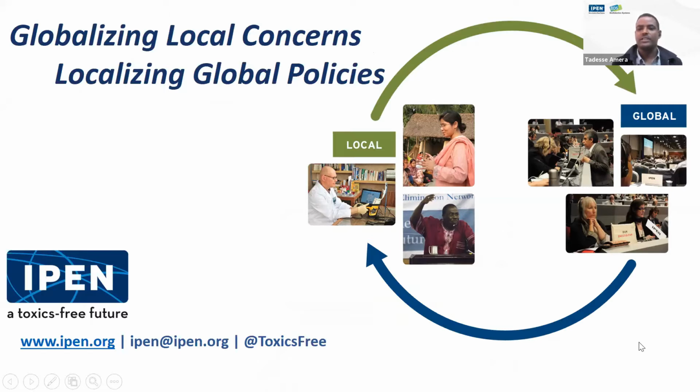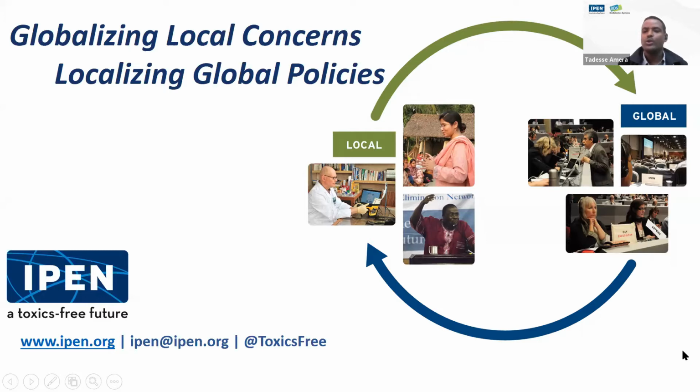When we see some of the problems at the local level, we take those problems to the international policy dialogue arena, and we push for an international global policy to be formulated. After that policy is formulated, we bring it to the national level and we nationalize it. We work with the national government to nationalize global policy.